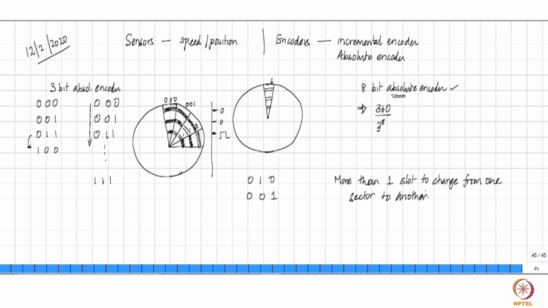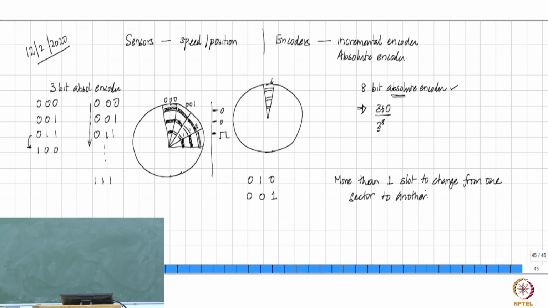Right, so this occurs because you are intending to change this from 0 to 1, and at the same time you want to change from 1 to 0, which may not be easy to achieve when you actually make the disk, right? So instead of having such an arrangement, you allow only one of them to change, which means that you will have to switch over to what is called gray code, which is an arrangement of this in a way that only a single bit is undergoing a shift from 0 to 1 or from 1 to 0.